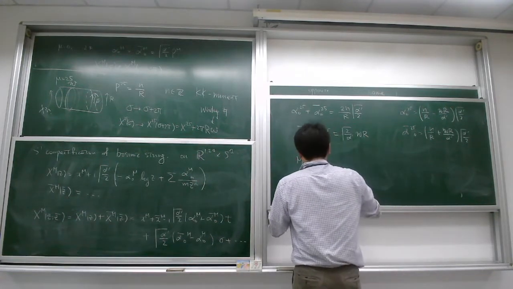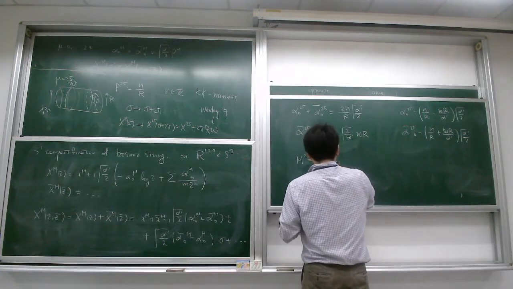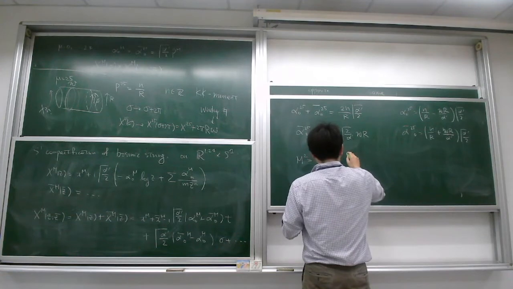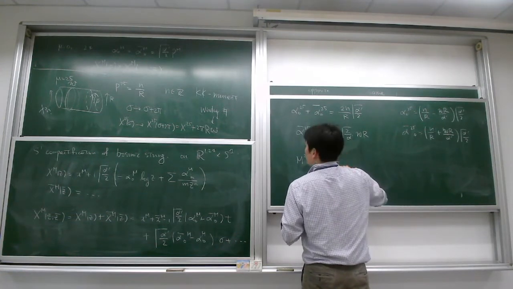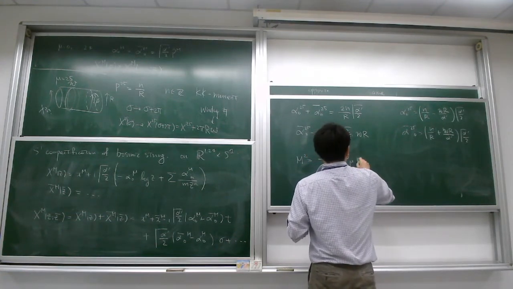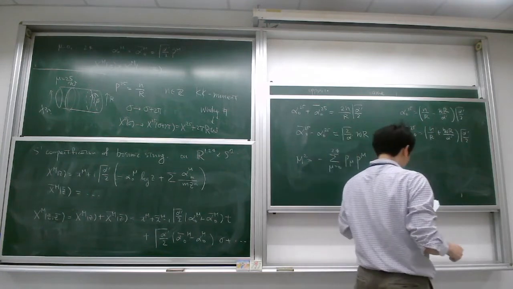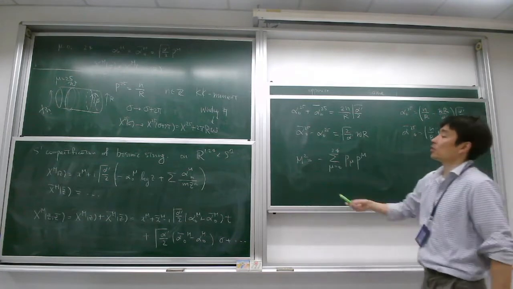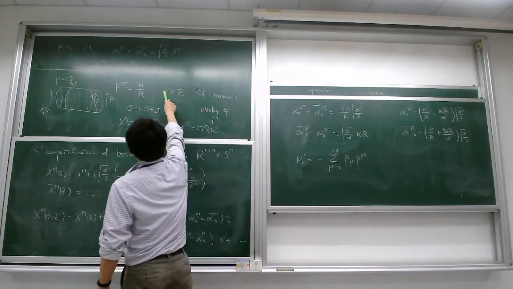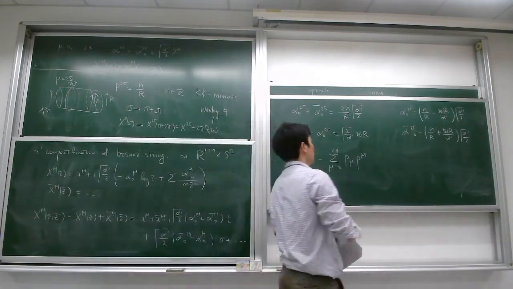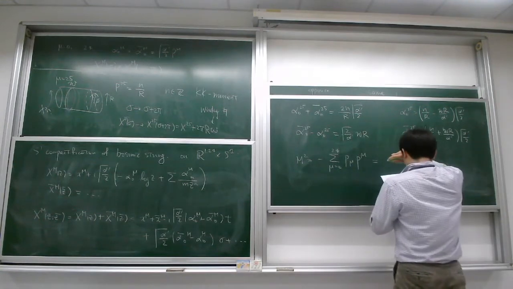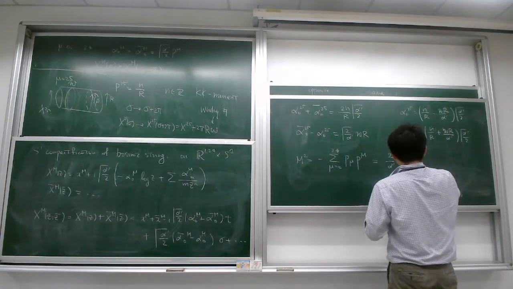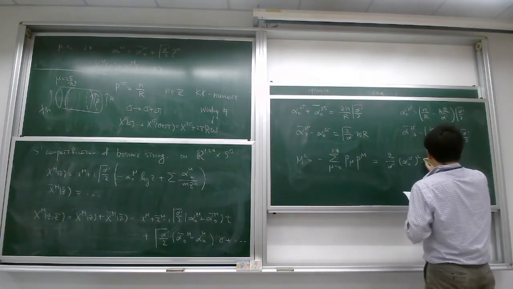So the mass of the string is given by only the 24 directions, from 0 to 24. You can just ignore the Kaluza-Klein momentum here. And this is indeed equal to 2 over alpha prime, alpha 0 25 squared, plus the number operator.